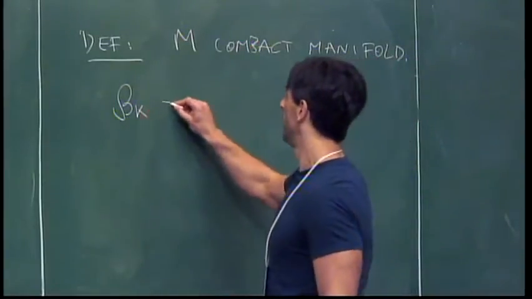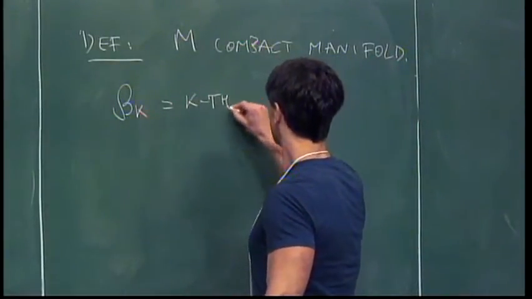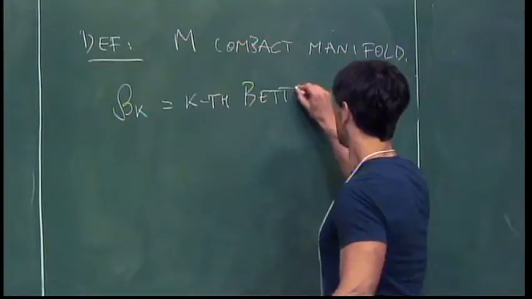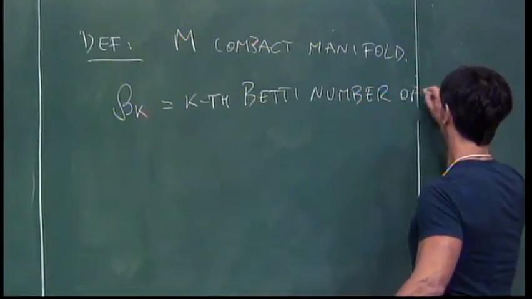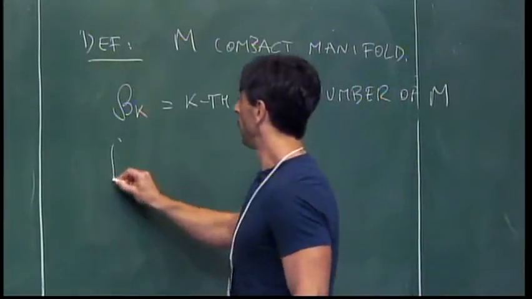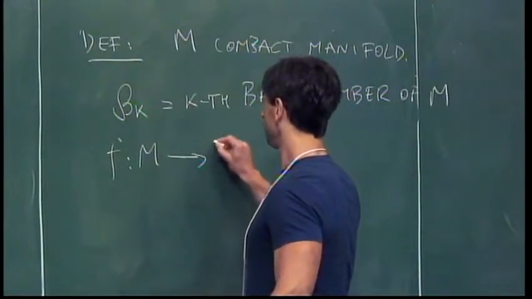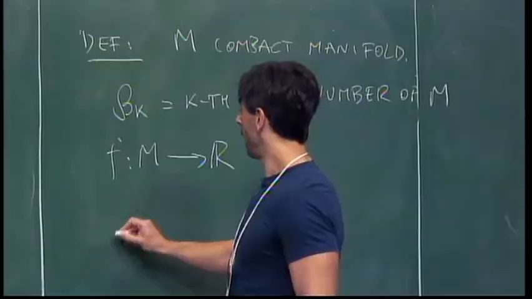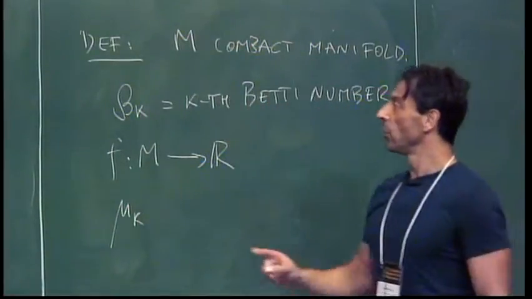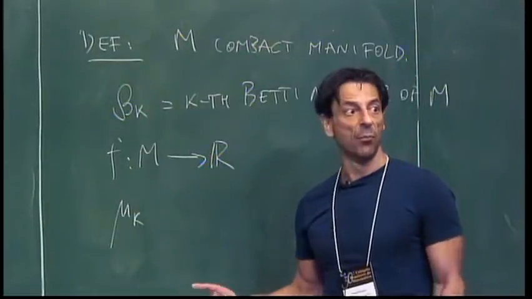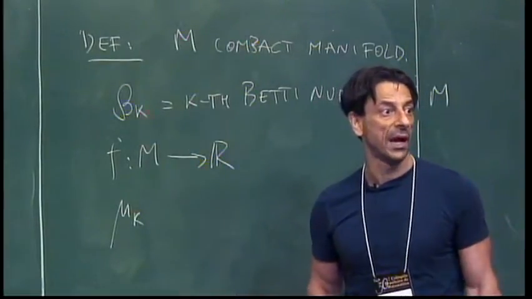Okay, this is the kth Betti number of M. And suppose now you take a smooth function on M. You call mu k the number of critical points of f having Morse index exactly equal to k.